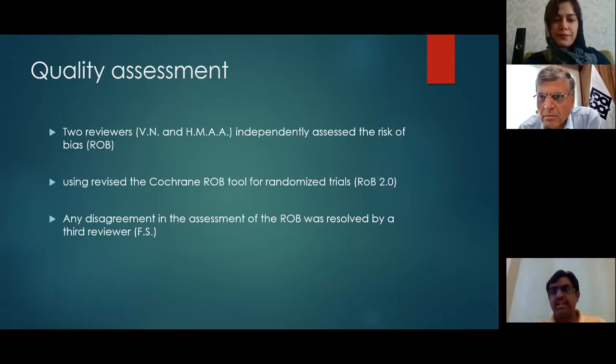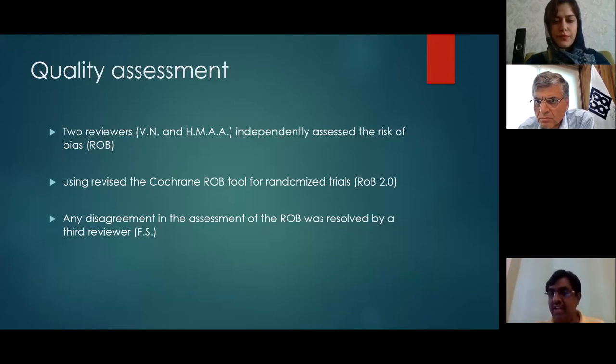Another thing is that you need inter-rater reliability if you're planning to give binary scores, 1 or 0, because then there will be an issue between two authors. In this scenario, we followed well-defined criteria, plus we had two independent reviewers, followed by a cross-check or review by a third reviewer.